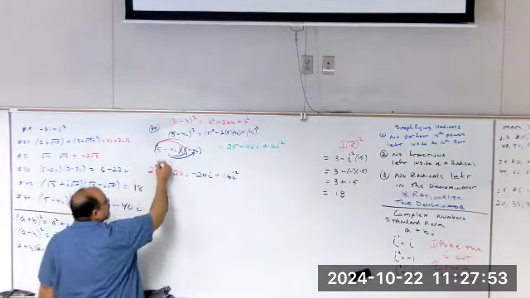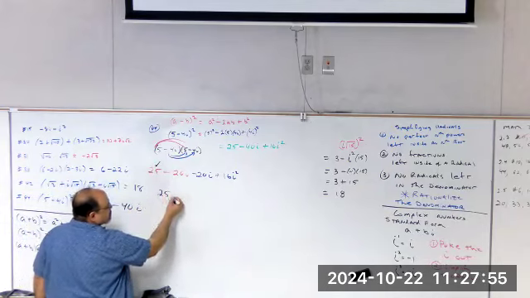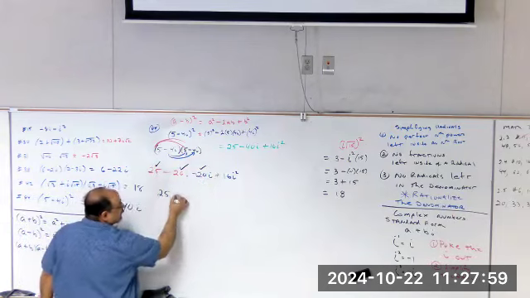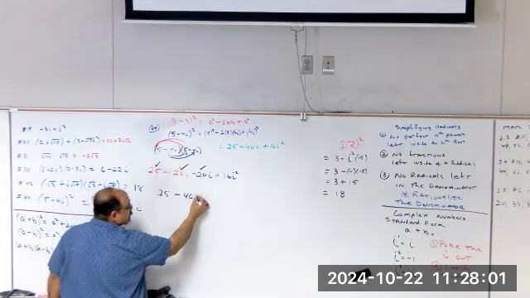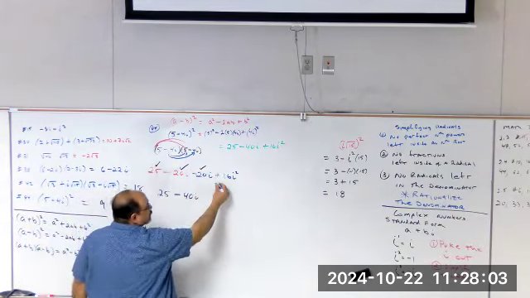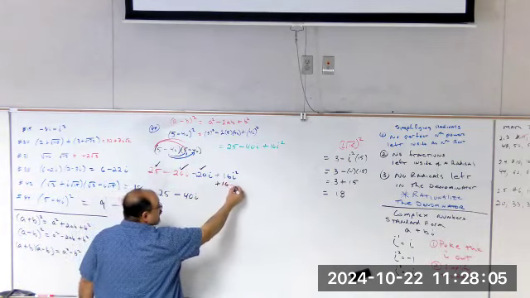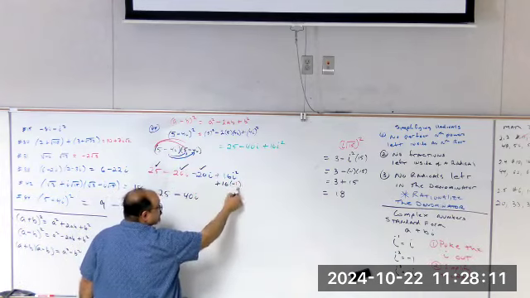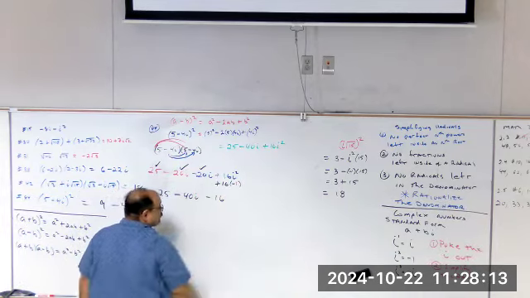It's 25 still. Negative 20i, another negative 20i is negative 40i. And right here, 16, what is I squared? Negative 1, 16 times negative 1 is minus 16.